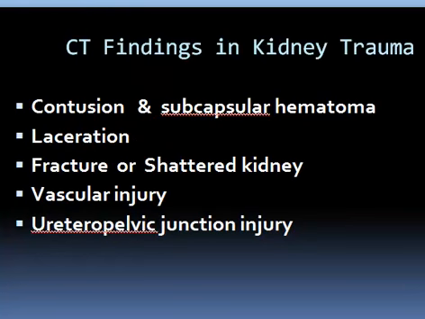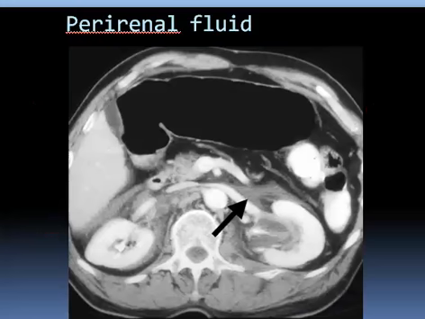CT findings in kidney trauma could be contusion, laceration, fracture, vascular injury, and ureteropelvic injury. Start with the perirenal fluid.